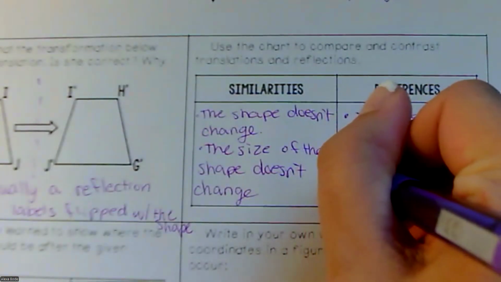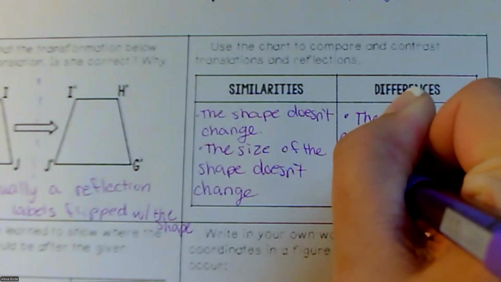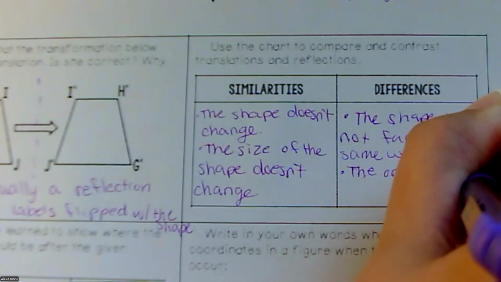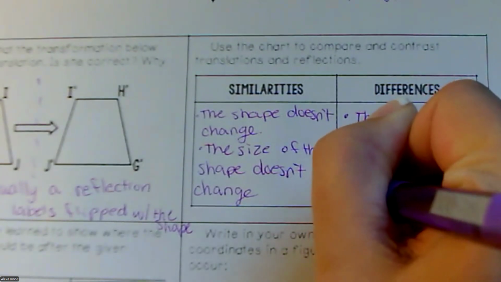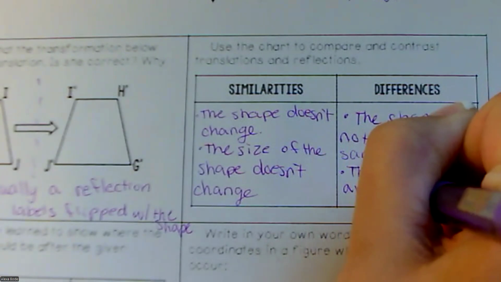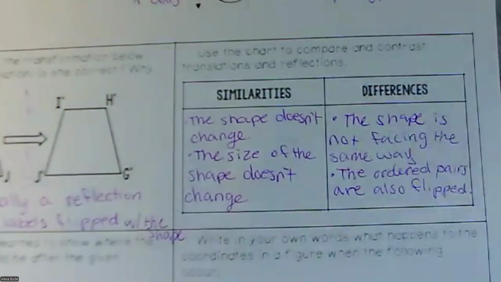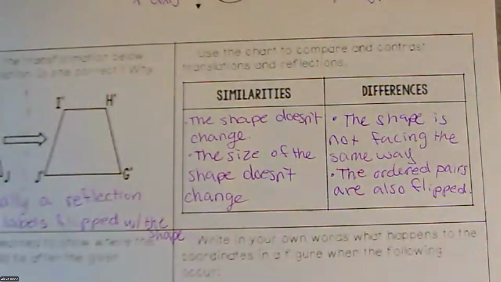And we can also say that the ordered pairs are also flipped, just like we saw in that last example. Okay, so translations and reflections do have similarities, but they are also very different. And it's more noticeable in some shapes than others.